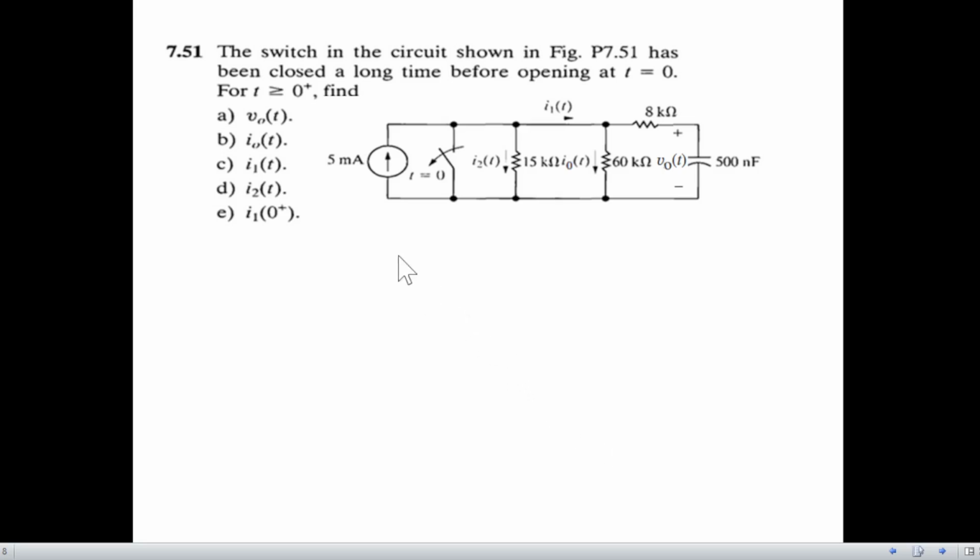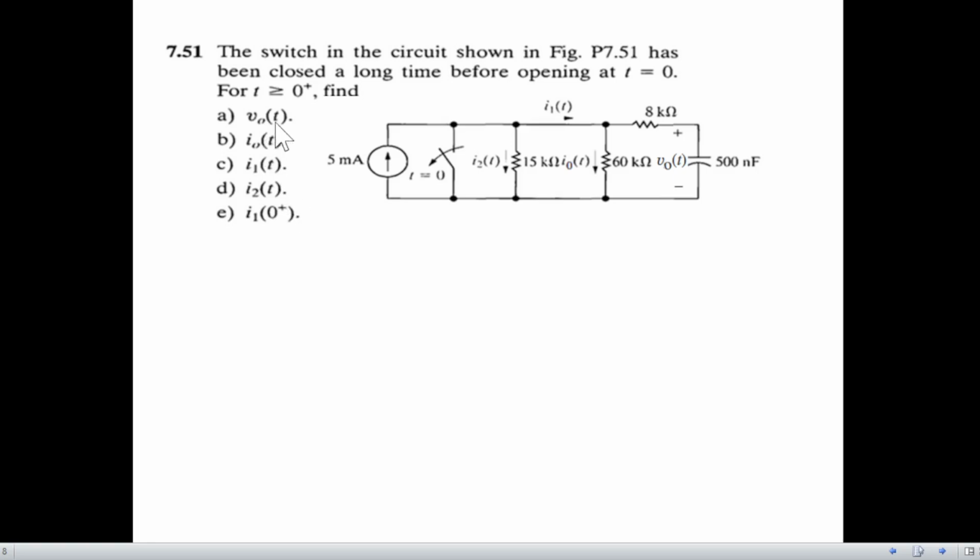Now the question is, the switch in the circuit shown in the figure has been closed for a long time. Now this switch has been closed before t equal to 0, and it is opening at t equal to 0. So keep that in mind. Closed for a long time before opening at t equal to 0. And then we have to find, for t greater than or equal to 0, these parameters: V0(t), I0(t), I1(t), I2(t), and I10(t).